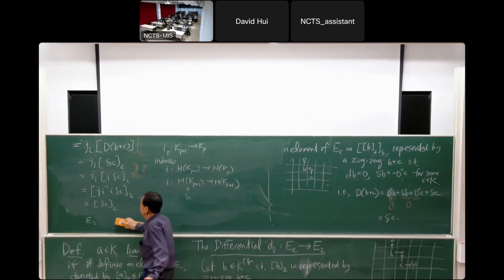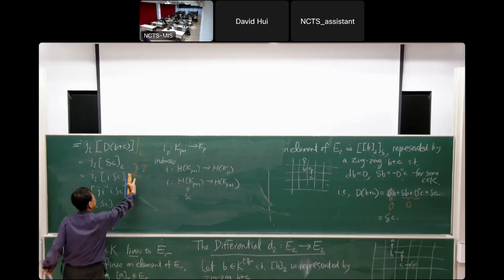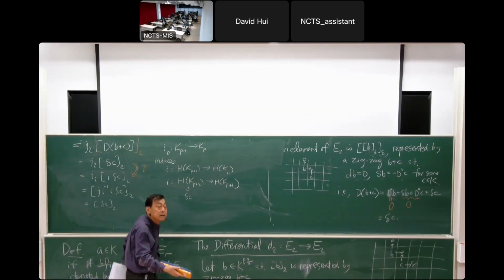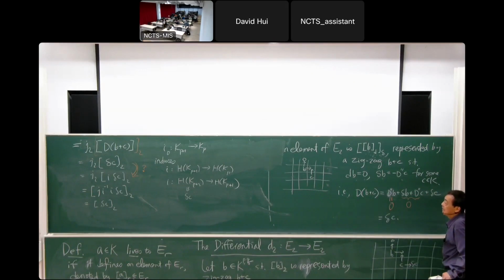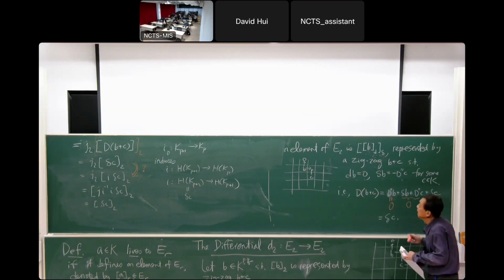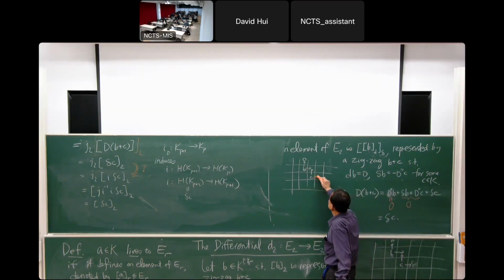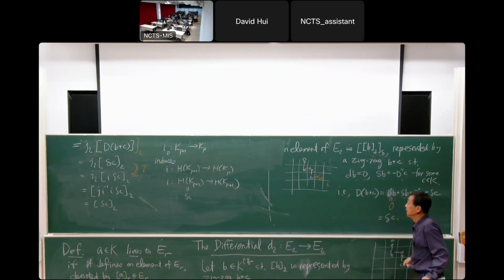There is this step that we need to think more about. The conclusion is that D2 is delta of the tail end. D2 gives me that element.